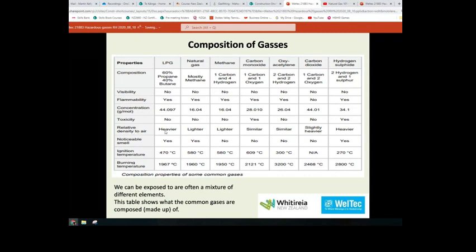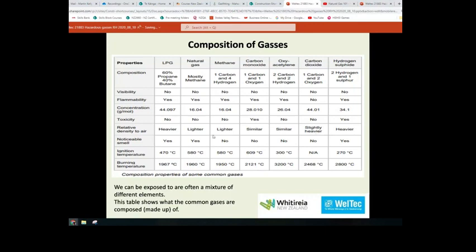Relative density: LPG is heavier than air. Natural gas and methane are effectively the same thing. They're lighter than air. Carbon monoxide, oxyacetylene, and carbon dioxide are similar to air. Carbon dioxide is slightly heavier, and hydrogen sulfide is heavier.